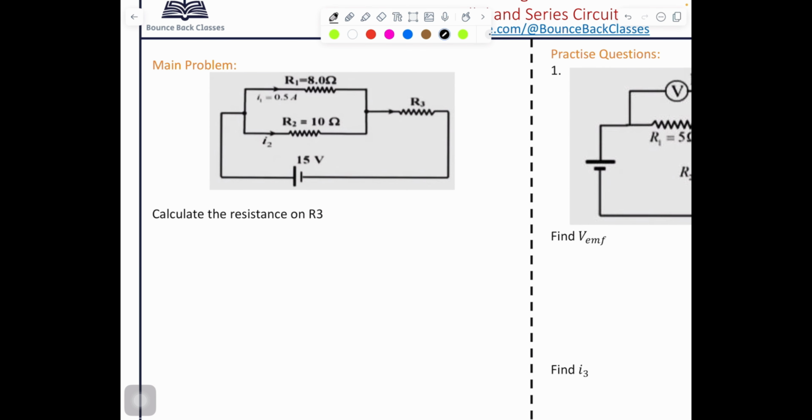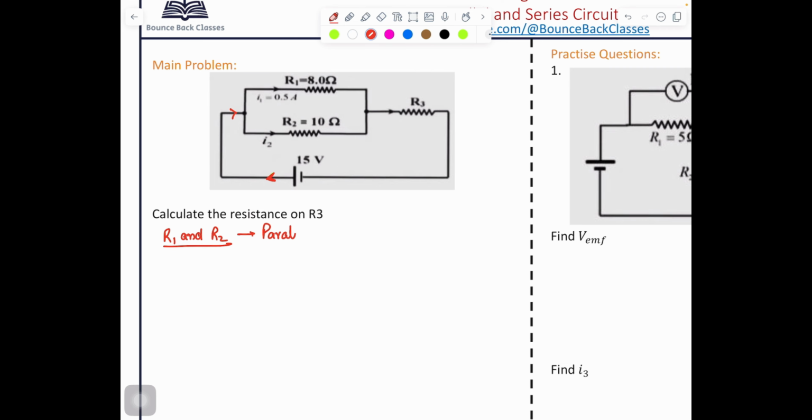Now the question is, there are R1, R2, R3. Calculate the resistance R3. First, just see how the current is moving. Current is moving from here. Once it moves from here, can I say R1 and R2 are in parallel?